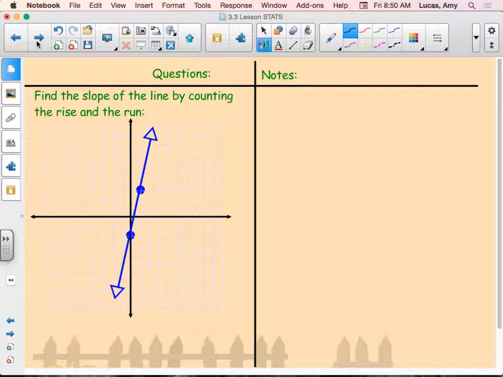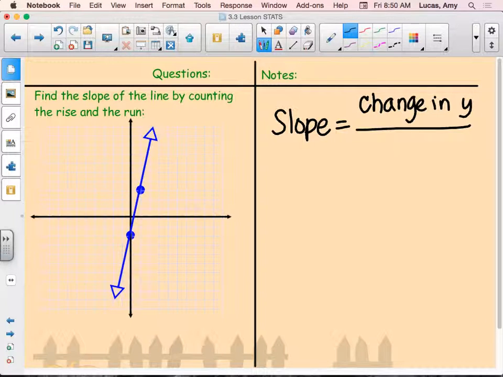Okay, find the slope of the line by counting the rise and the run. So the slope of the line is the change in Y divided by the change in X. Rise over run.